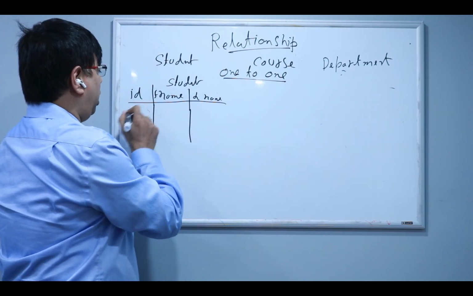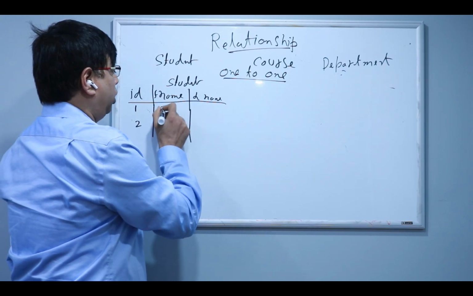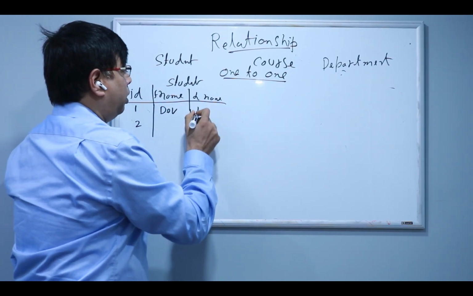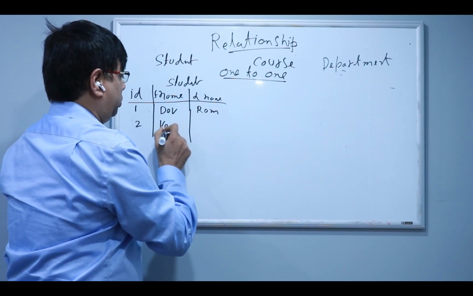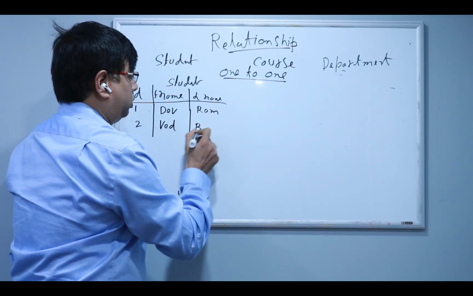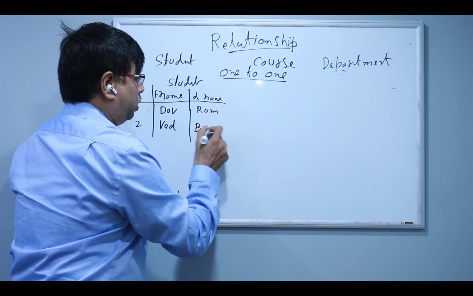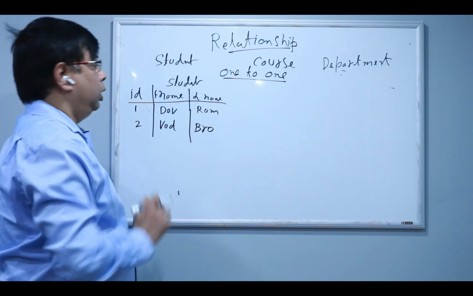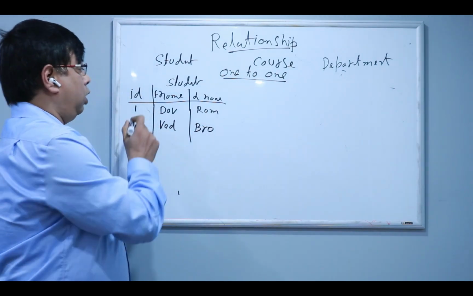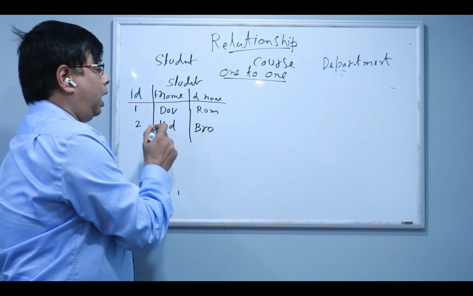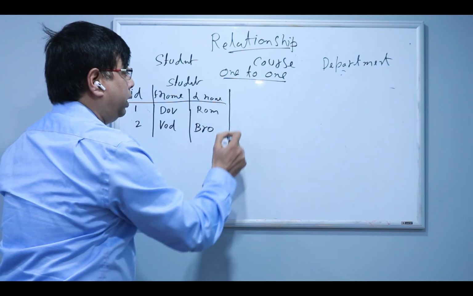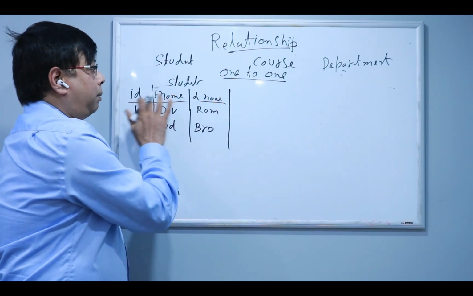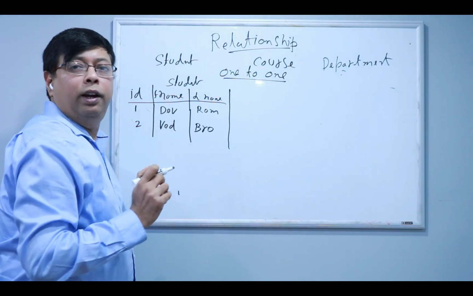So ID is 1, 2, Dave, okay, so I have two students. One is Dave Ron and Wade Bro. Okay, so this is my student table. These are my fields and this is my record.